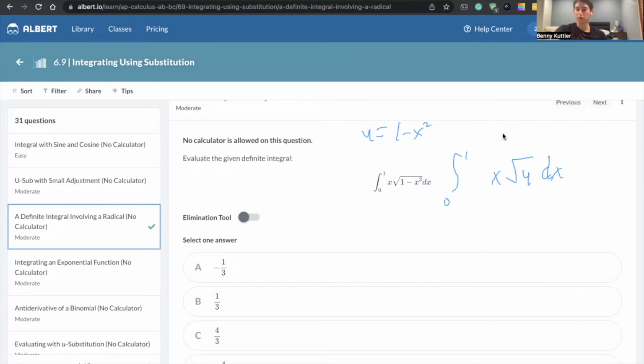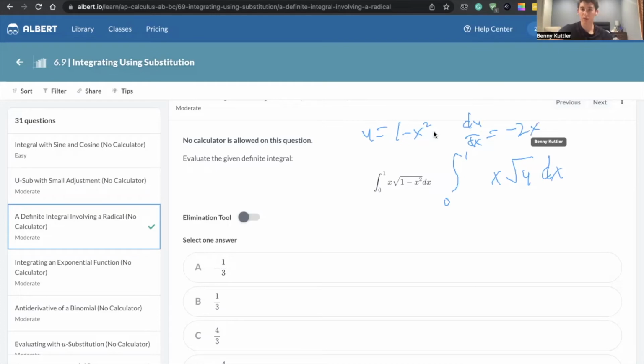So what we have to do here is set everything in terms of u. If we define the derivative of u, du/dx, as the derivative of this, which makes sense, you're taking the derivative of u and your variable is x. The derivative of 1 is 0, the derivative of negative x squared is negative 2x. So it's just going to be negative 2x.